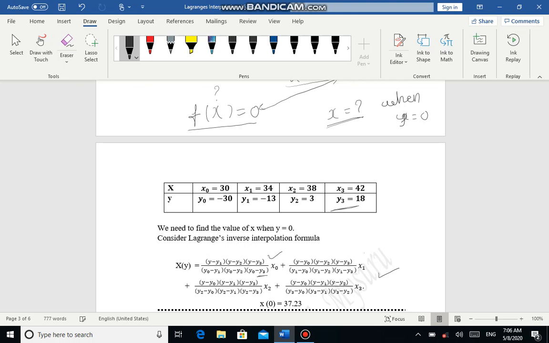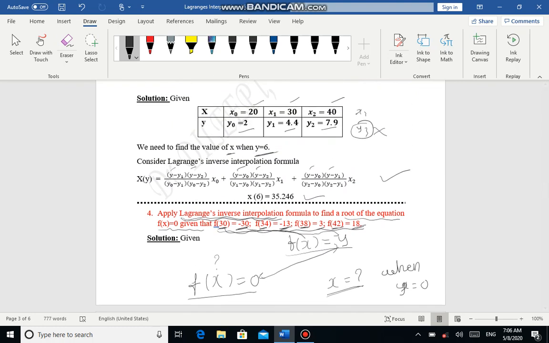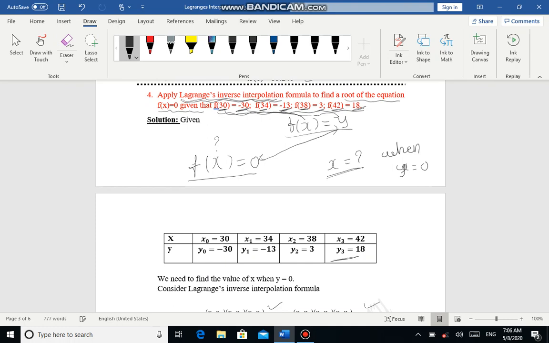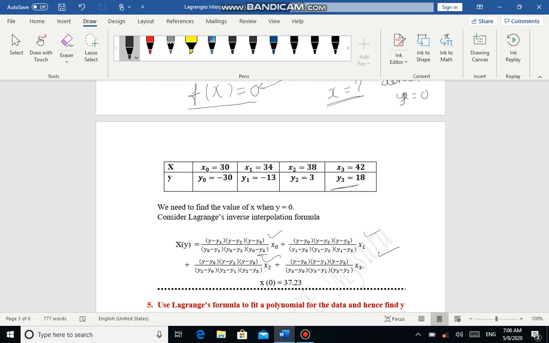So first term, second term, third term. In the previous problem, we have only 3 values of x and y, so only 3 terms in the formula. But here, we have 4 values of x and y, so we must have 4 terms. First term, second term, third term, and this is my fourth term. So now as usual, replace all the data in the formula. You will get the value of x when y is equal to 0. So the value of x is 37.23 when y is equal to 0.